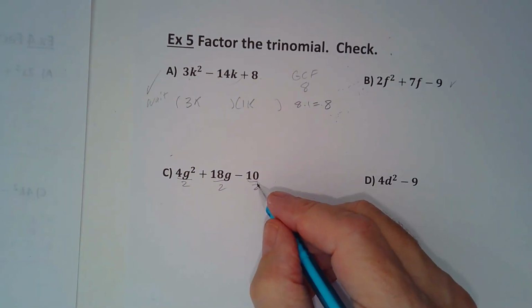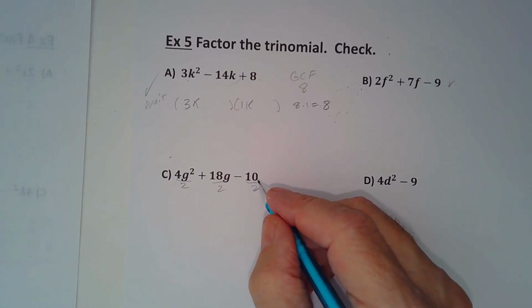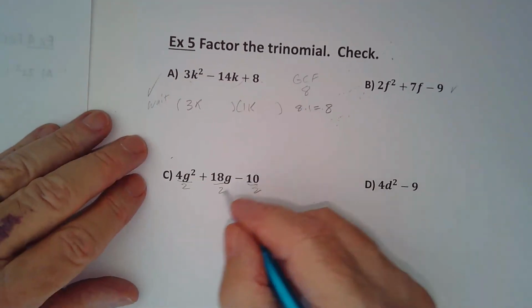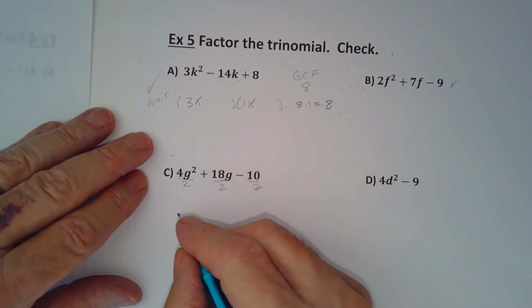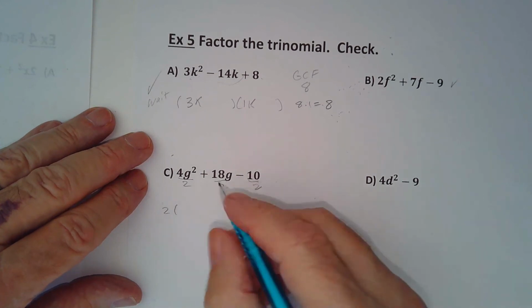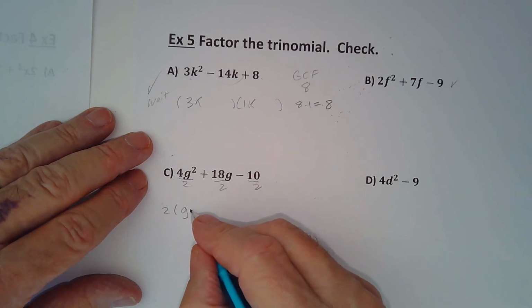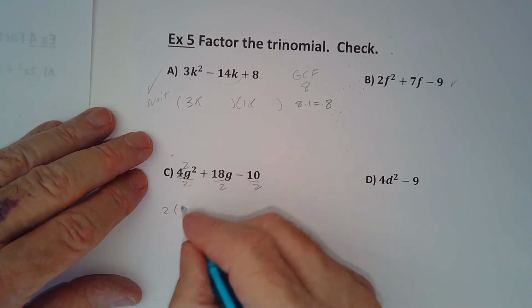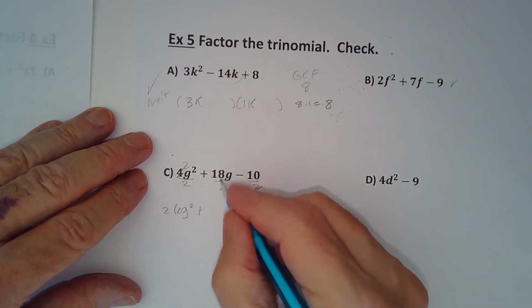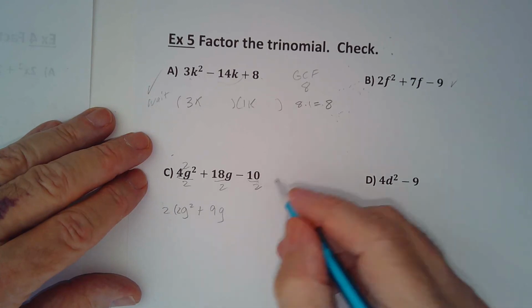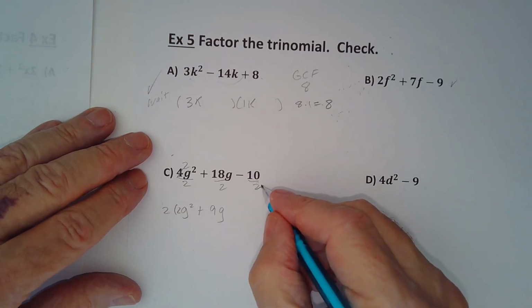All right, let's try that. We divided 2 out, so we get 2 times g squared, all right, plus 9g, and this is negative 5.